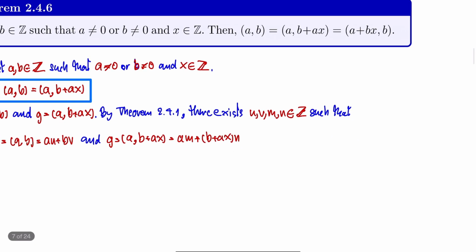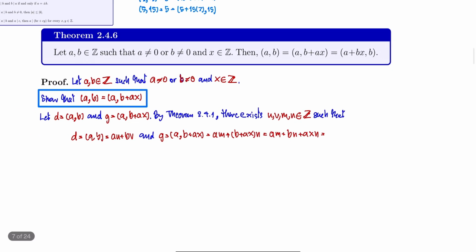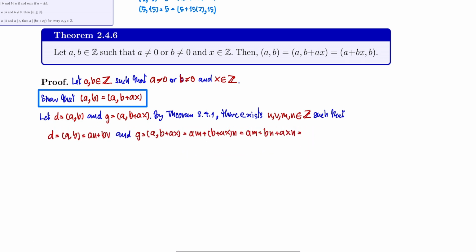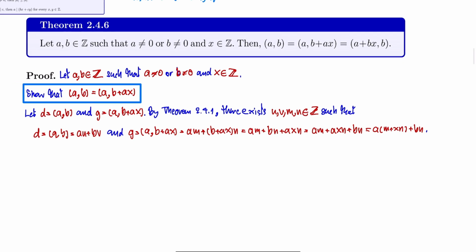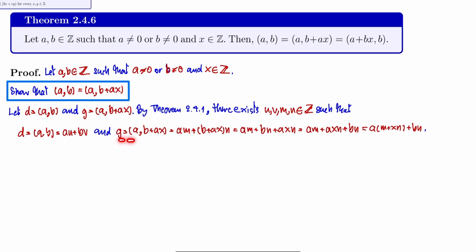So we have am plus axn, plus bn, which is a times (m plus xn) plus bn. Okay, so that's what we want right now.